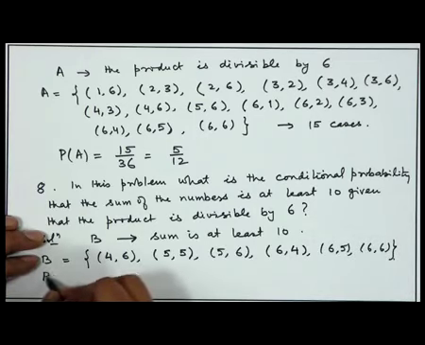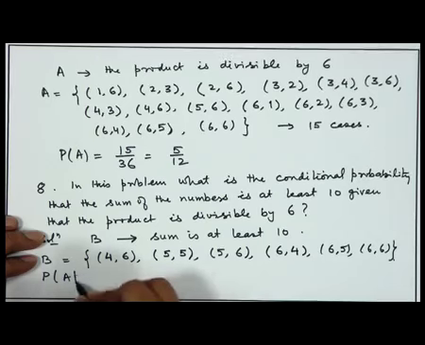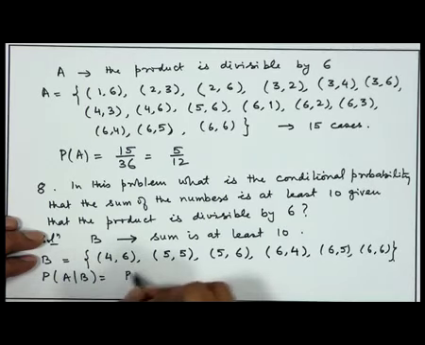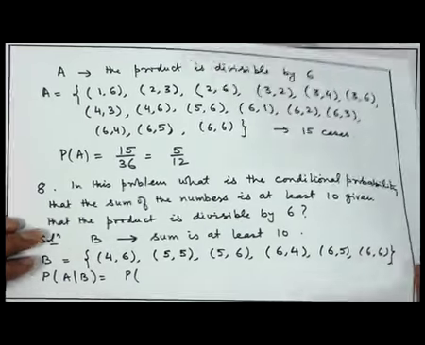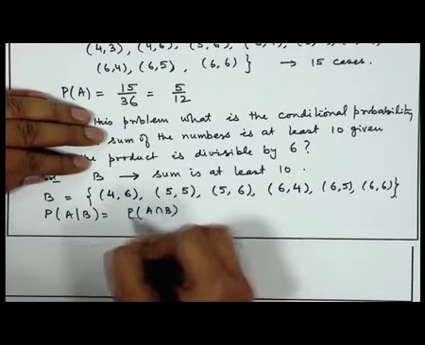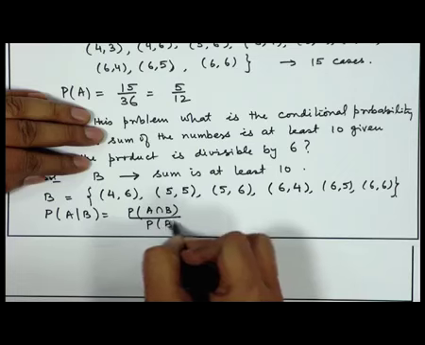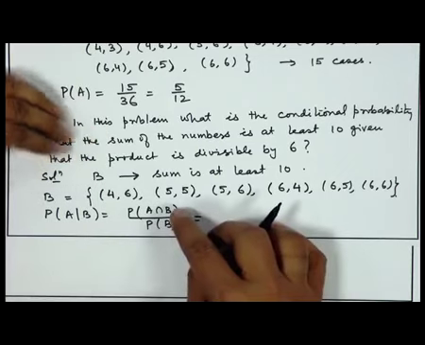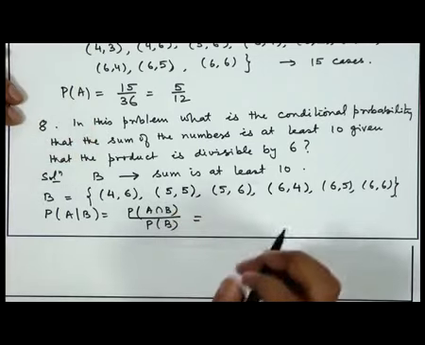So, if we want to calculate the probability of A given B, then we need the probability of A intersection B divided by the probability of B. Now, how many elements are there in A intersection B?